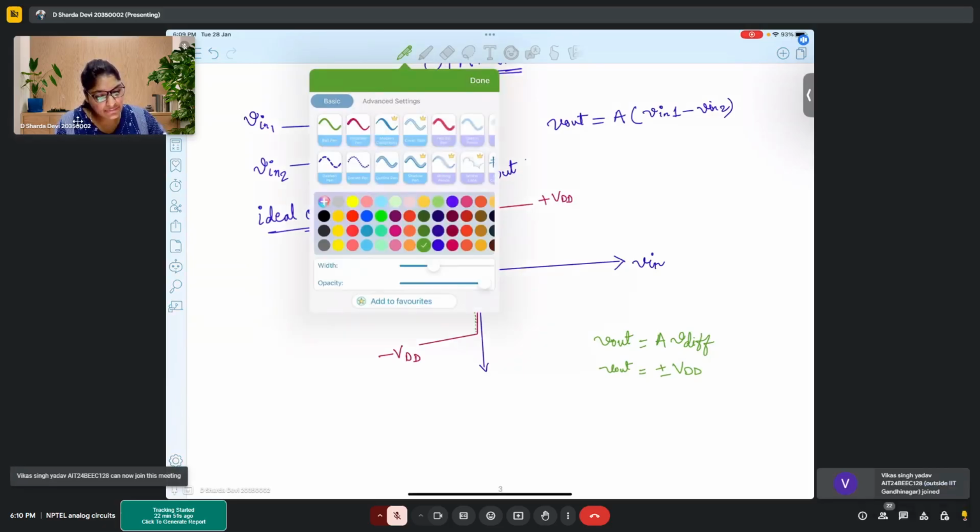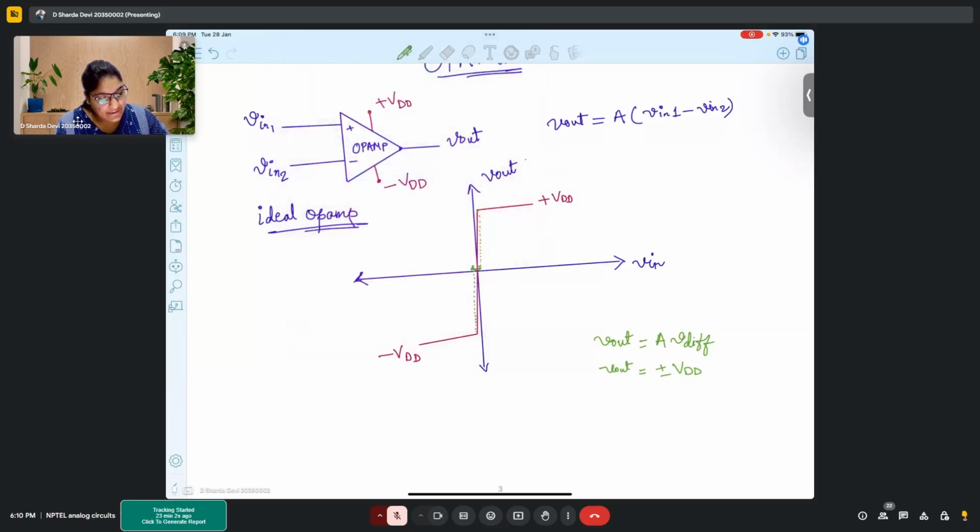So in order to obtain this linear amplification behavior, what we try to do is somehow increase this linear range. Further, it will again saturate because that is how the op-amp is designed.